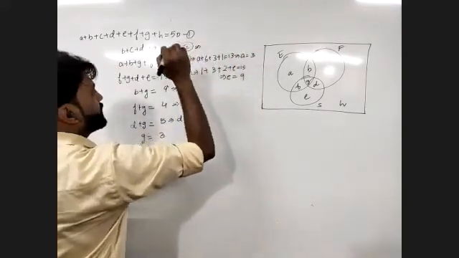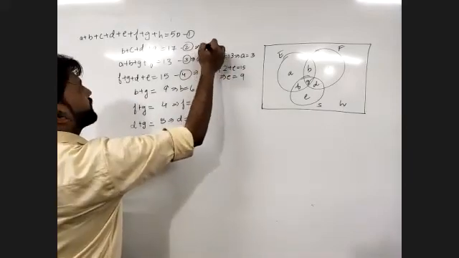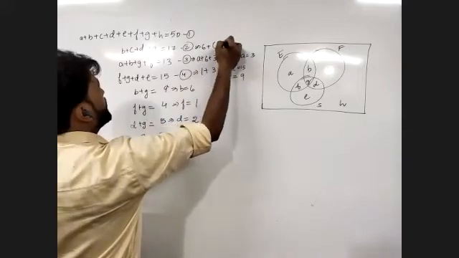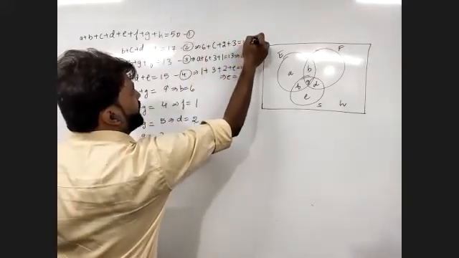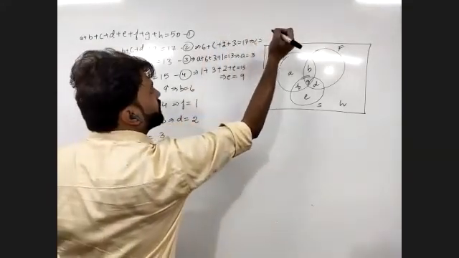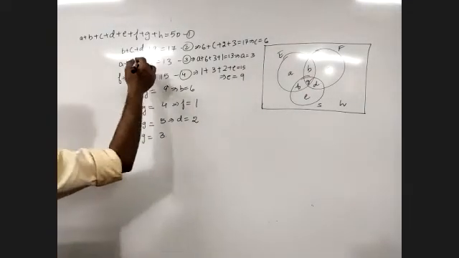Here we put up the values: B is 6, C we do not have, D 2, G 3, equal to 17. So C equal to 6. Here we put up the values.